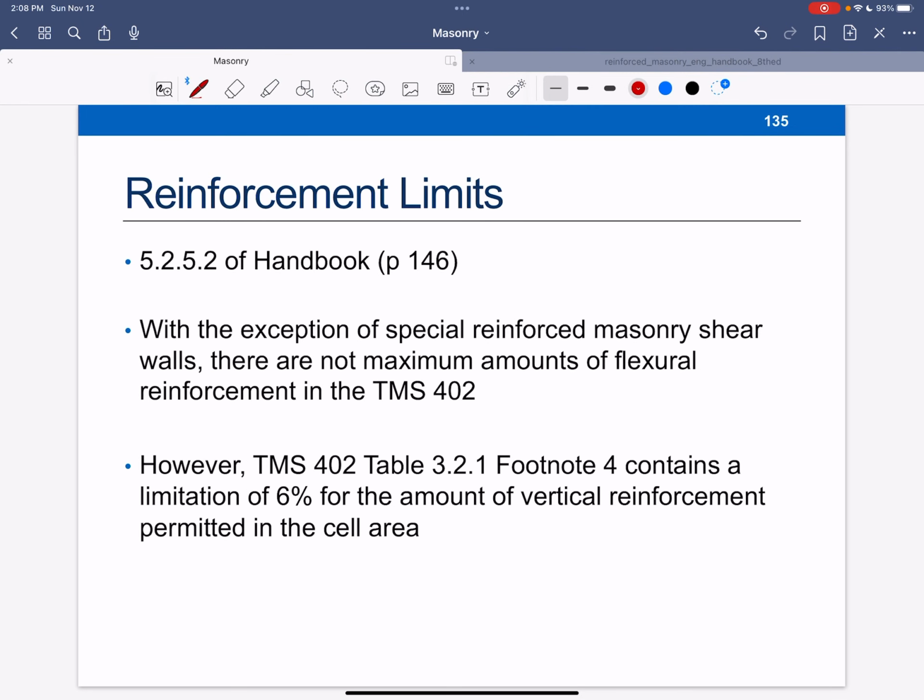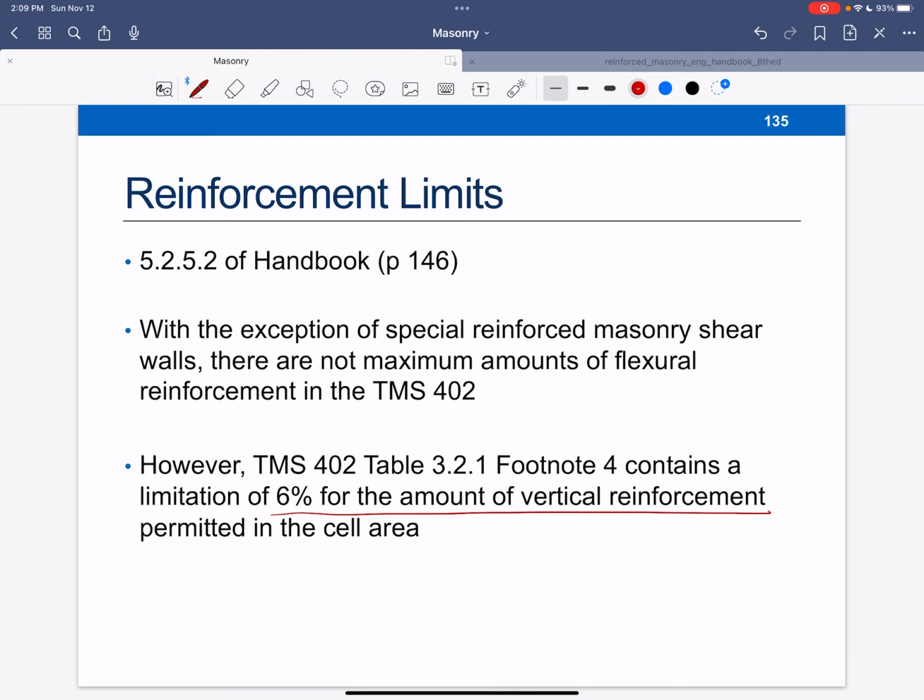Reinforcement limits. We talked about this already when we went through our example problem. There are no reinforcement limits for beams. The exception is some of the special shear walls, and when they're talking special, it's typically seismic design. There are some limits on the vertical reinforcement in the cell, essentially for the wall pieces.